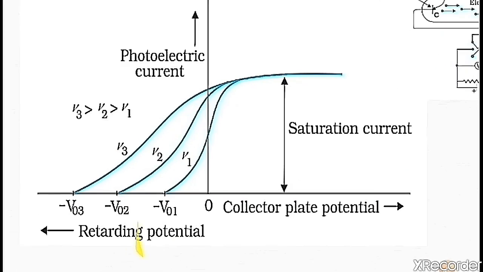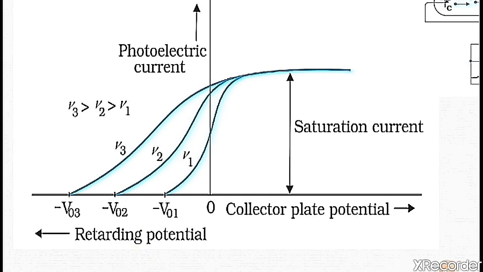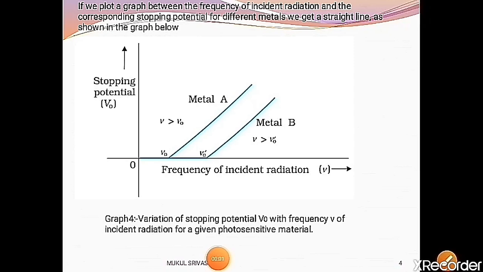As the frequency increases, the stopping potential is more negative, and this implies that the greater the frequency of incident radiation, the greater is the maximum kinetic energy of the photoelectron. Now if we plot a graph between the frequency of incident radiation and the corresponding stopping potential for different metals, we get a straight line, as shown in this graph.